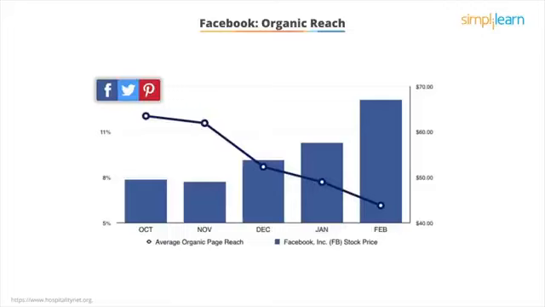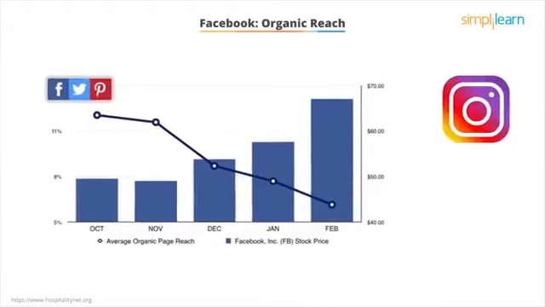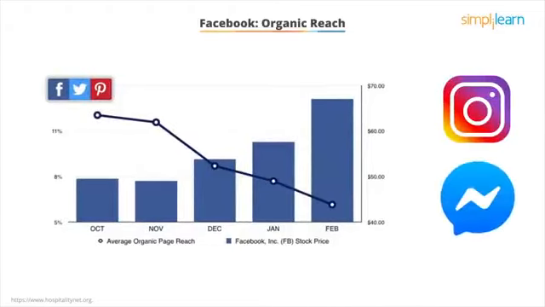And this strategy clearly works. What started as small-scale advertising opportunities for businesses on the side of the newsfeed, then in the newsfeed, and then on the mobile, next businesses could advertise in videos. And with the acquisition of Instagram and the launch of the new Facebook Messenger, new advertising opportunities emerged for businesses.